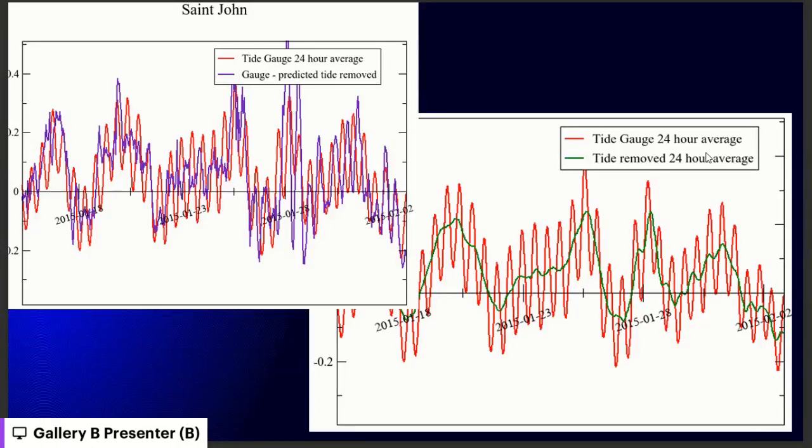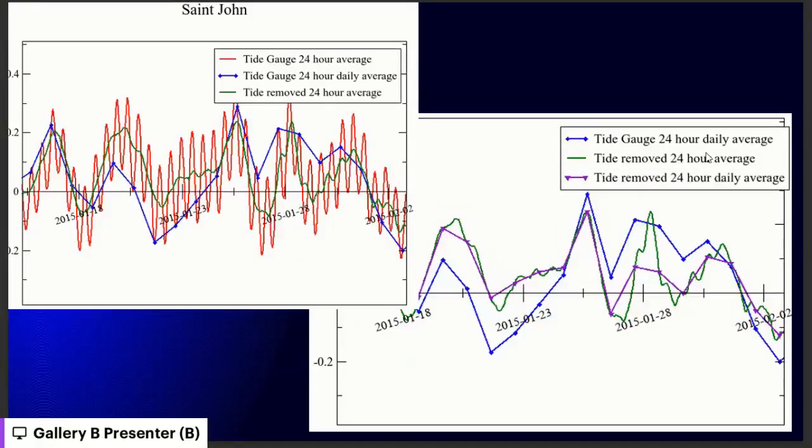Now, if you do a 24-hour average of the tide removed, you can see that smooth line, which is probably what you're trying to get at eventually.